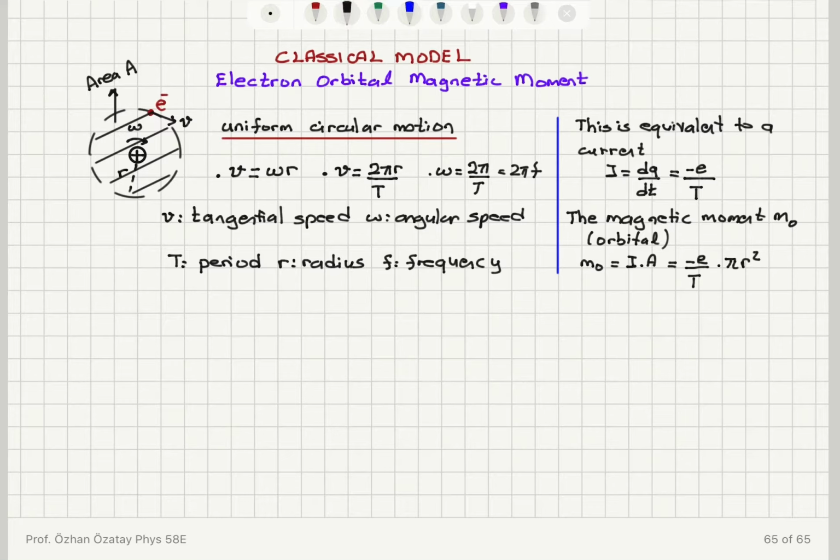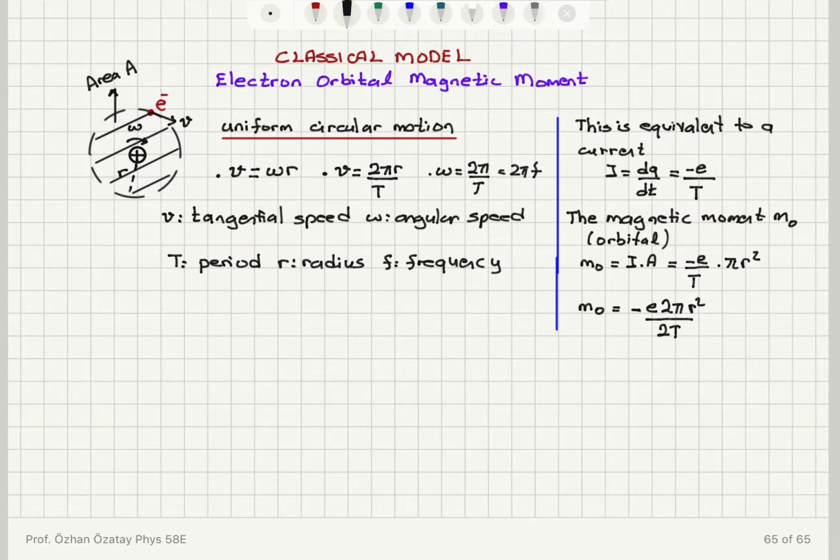Since the relationship between v and r is 2 pi r over T, or omega is 2 pi over T, I can write this m_o, if I multiply the top and bottom by 2, as minus e times 2 pi r squared divided by 2T.